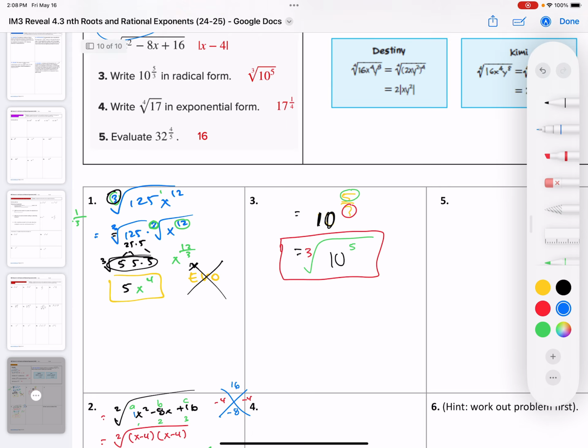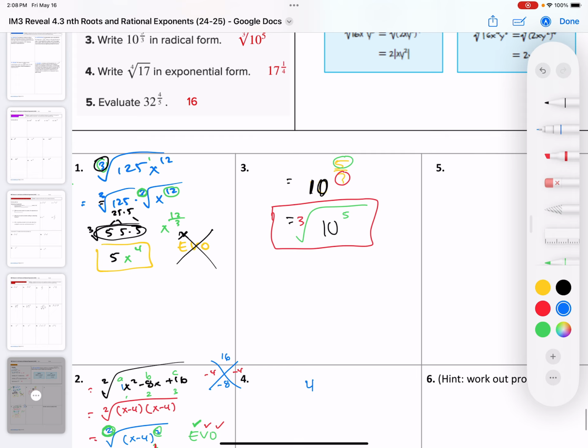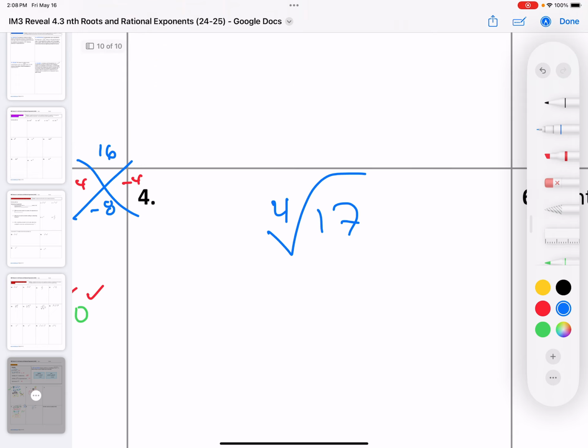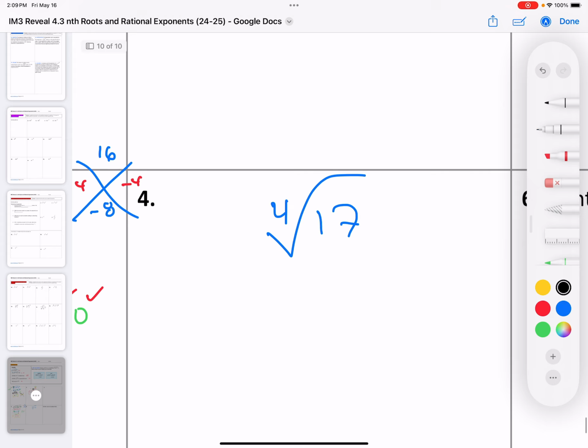Let's see, number 4. 4 to the 17th. Okay, we're trying to find 4 identical numbers that multiply to be 17. Of course, there's going to be no whole number, but there's some missing numbers here. You have my silly phrase, top, in, bottom, what?